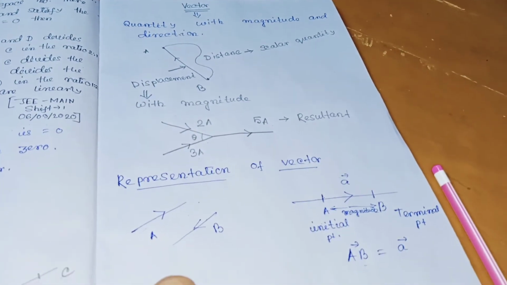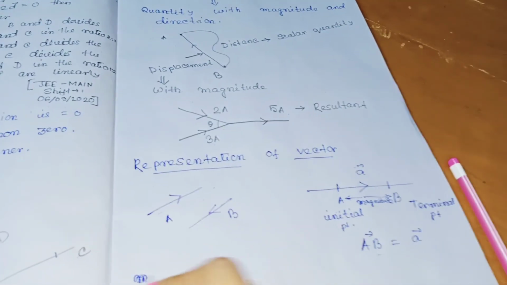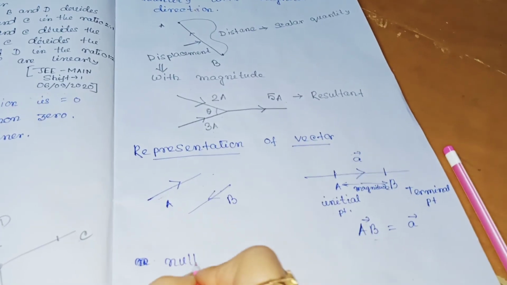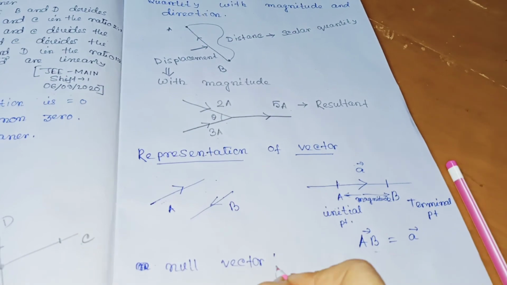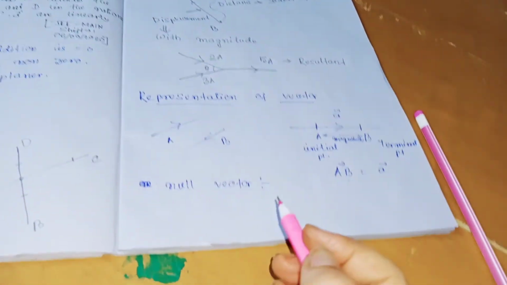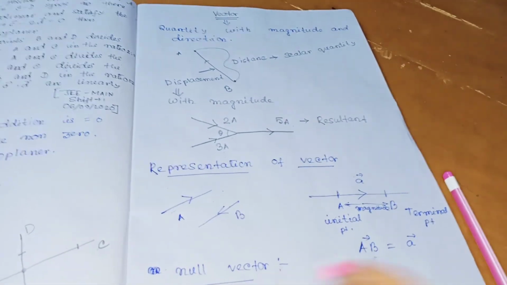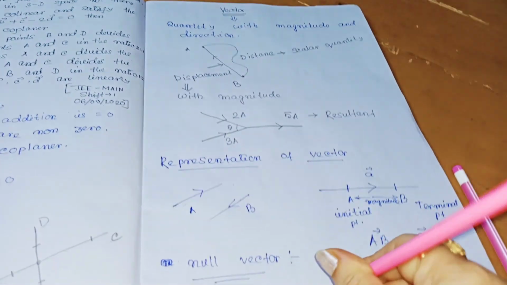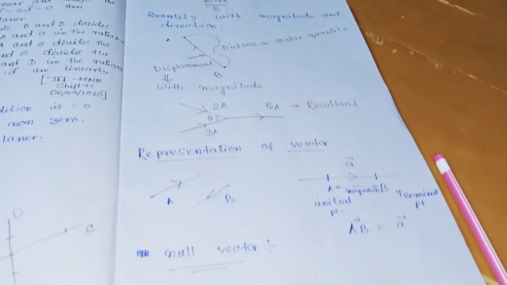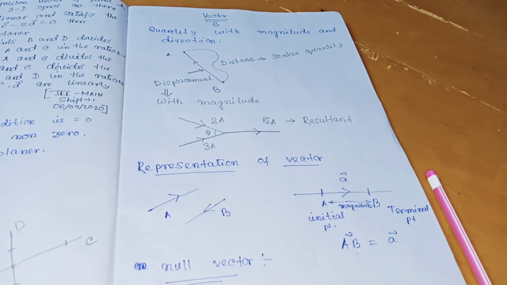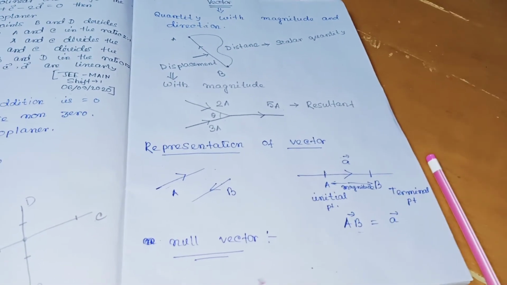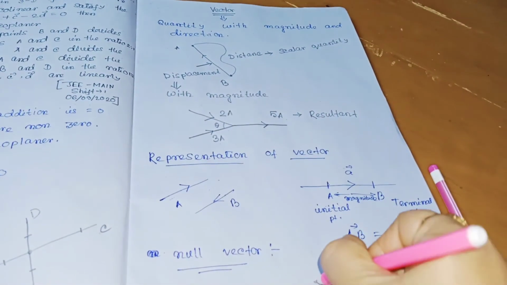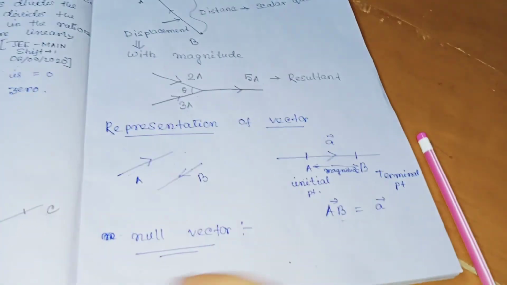Now move on to the null vector. What is a null vector? A vector with zero magnitude. That is a point. We may say that it is a point. Not in this direction, not in that direction. A point is called a null vector.